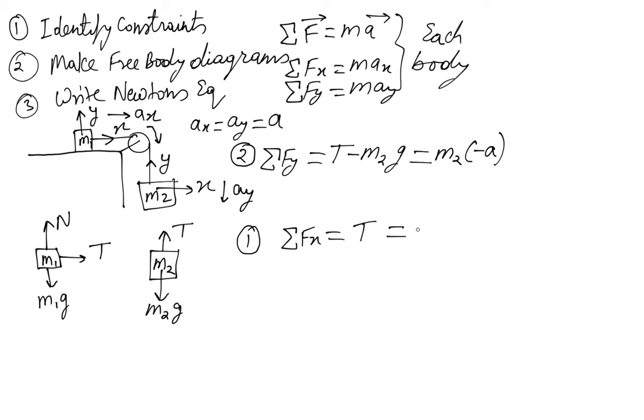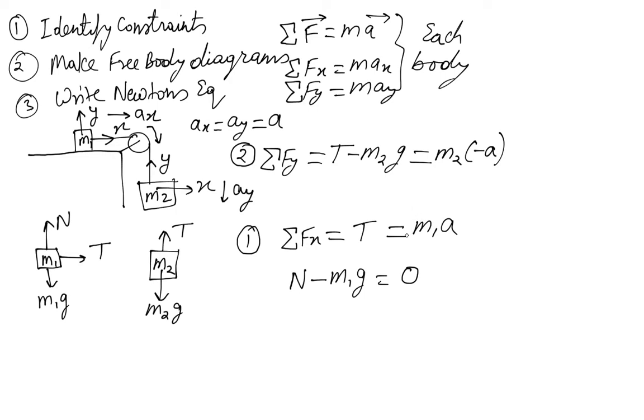Well, ax is a, so it's m1a. How about in the y direction? In the y direction, the net force is N, because N is pointing along the positive y direction, minus m1g, equals may. But there is no ay for this particular mass. It is not moving up or down, so the net acceleration in the y direction is 0. So this whole thing is 0, which is not going to play any role in solving the equation.